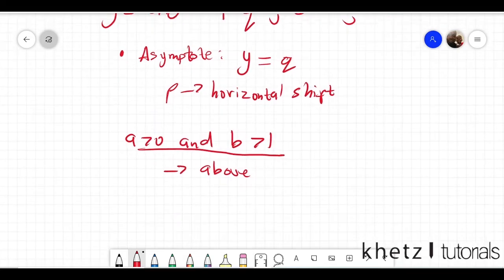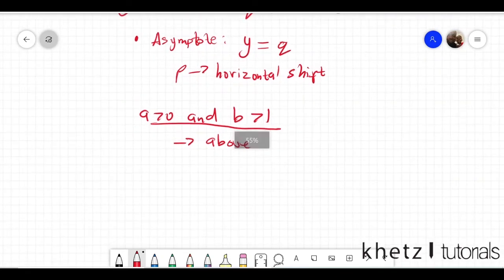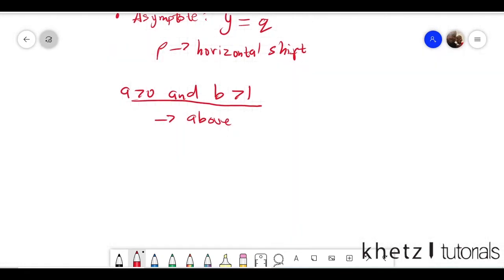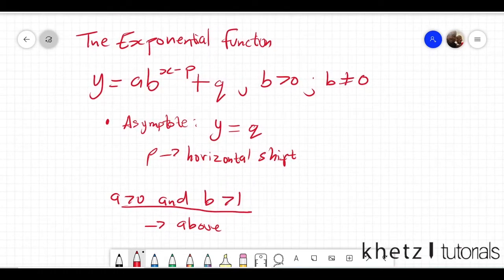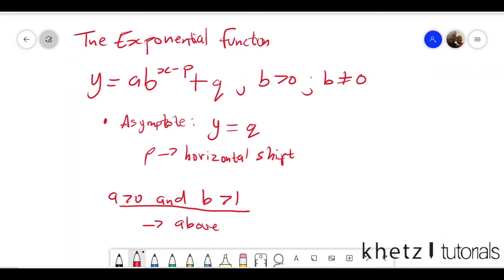After finding the position of your asymptote, which is y equals q, you then have to decide if your graph is below or above the asymptote.